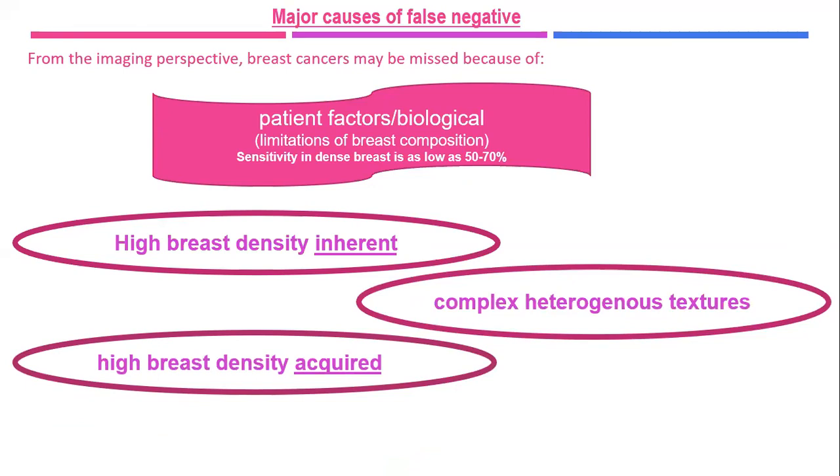And there is one entity also we found affecting the mammographic sensitivity, which is complex heterogeneous texture. Not necessarily does the breast density have to be very high, type C or type D, to reduce the sensitivity.